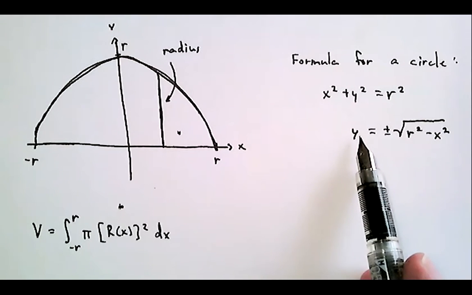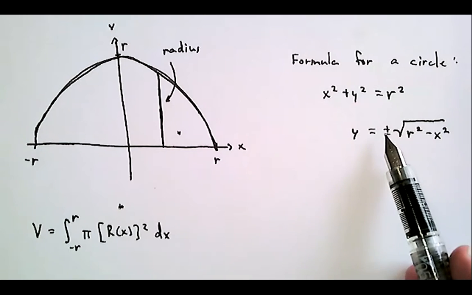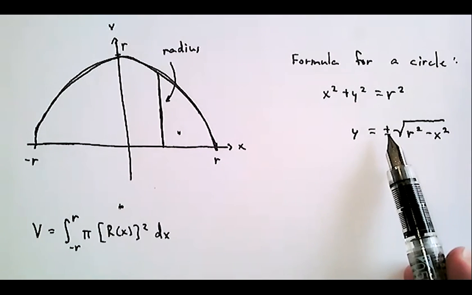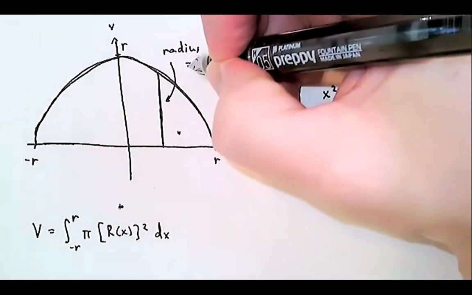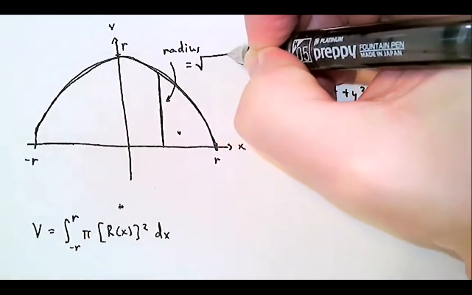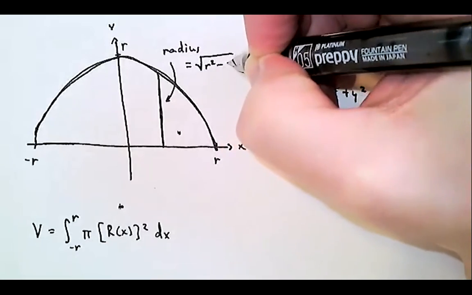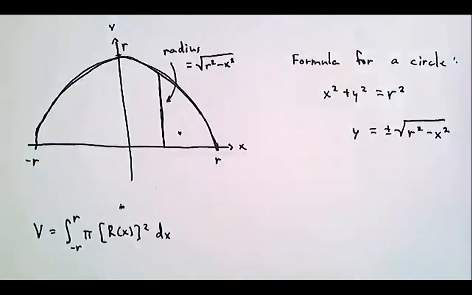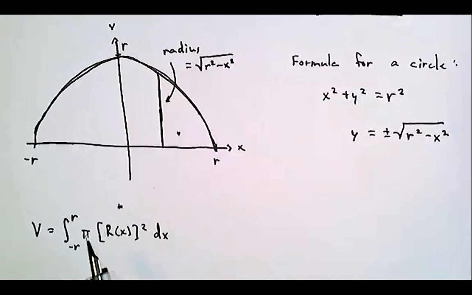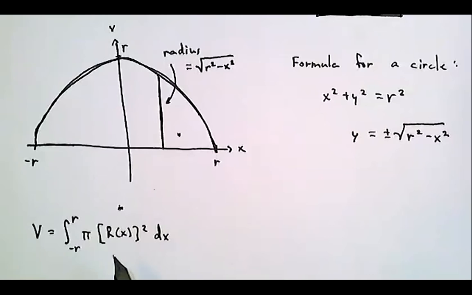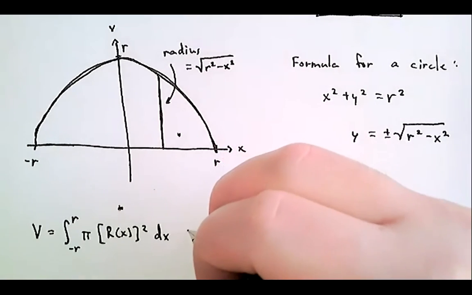This is the height of a circle. I've solved for y. And we're only looking at the upper half. So I want plus, and then the square root of r squared minus x squared. Okay. So I know my radius, I know my limits of integration. Now all I have to do is plug my radius in and then work through the calculus.